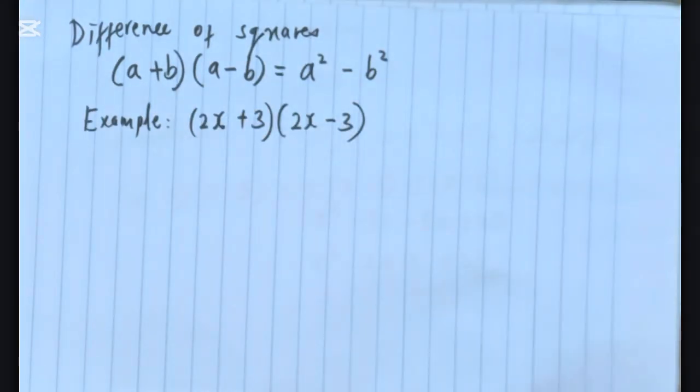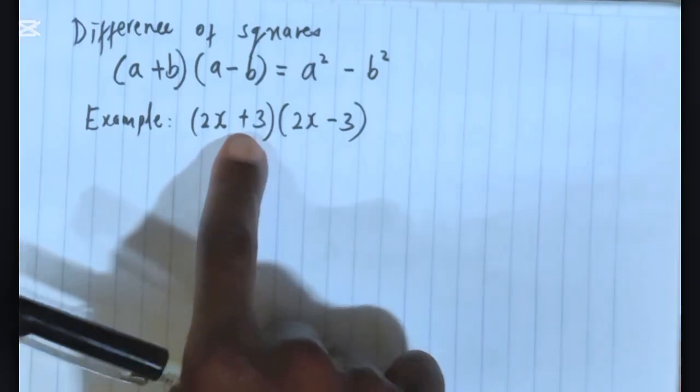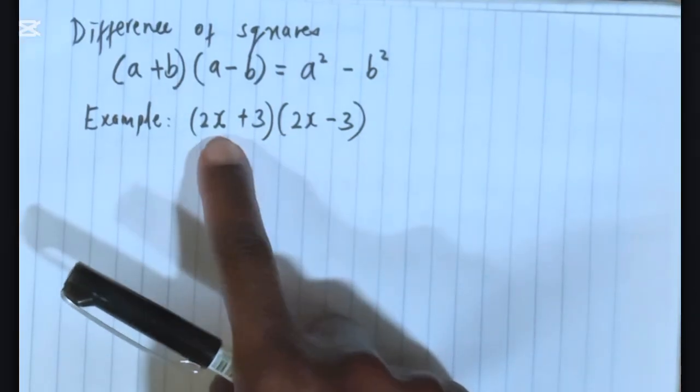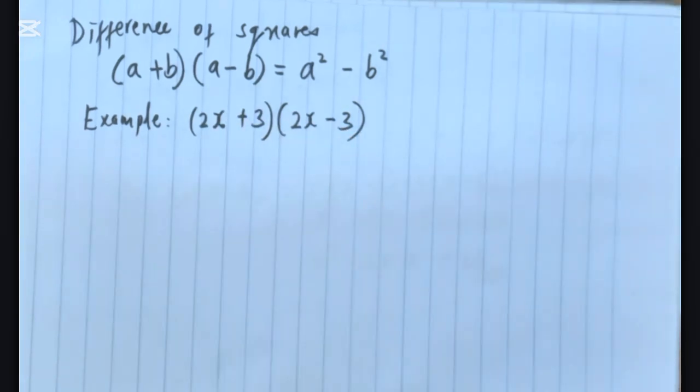Looking at our last example, we have another scenario where we have 2x plus 3 multiplied by 2x minus 3. The only difference here is the signs. In one case we are adding, and in the other we are subtracting, but the terms are all the same. That is one thing I want you to note.